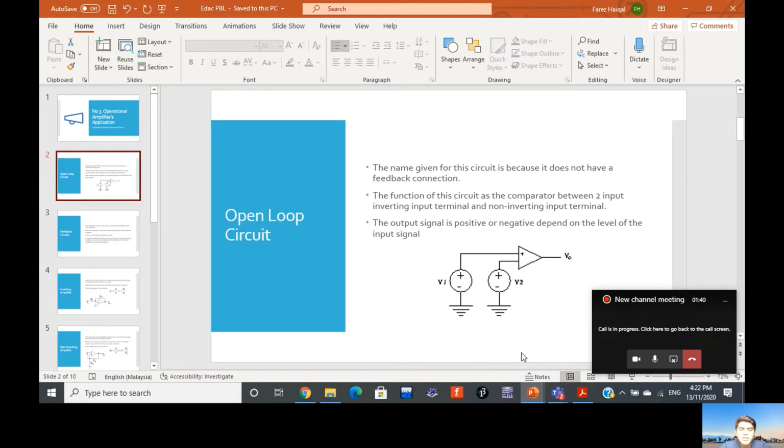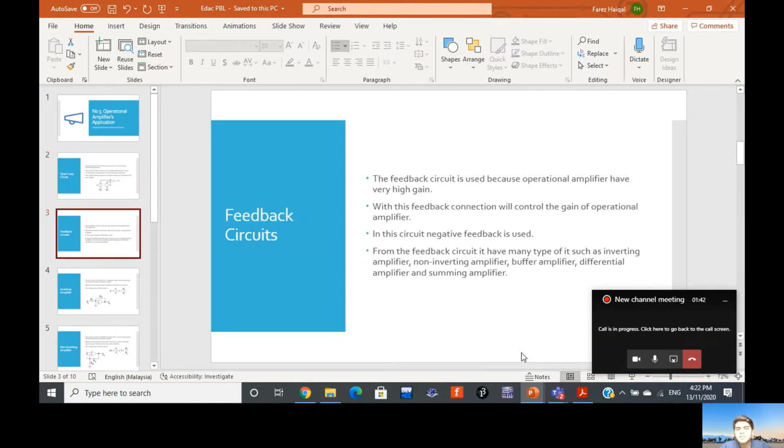The next application is the feedback circuit. The feedback circuit is used because the operational amplifier has a very high gain. With this feedback connection, it will control the gain of the op-amp.